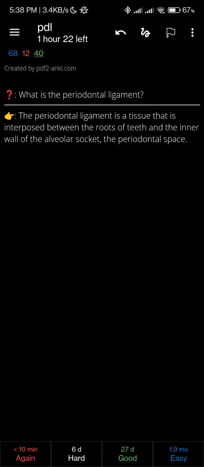It is interposed between the roots of teeth and the inner wall of the alveolar socket. It is the periodontal space.